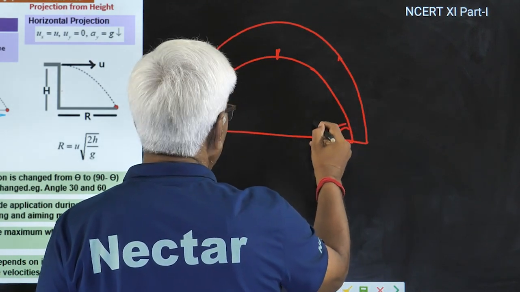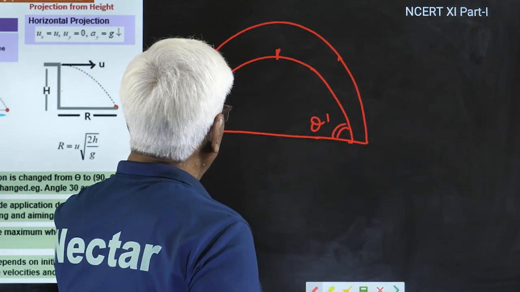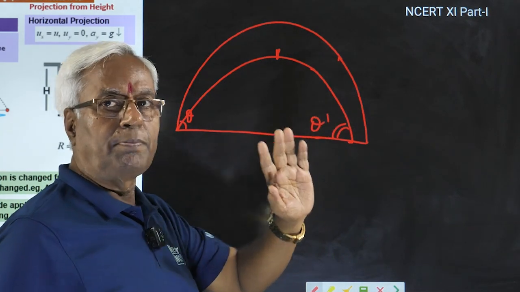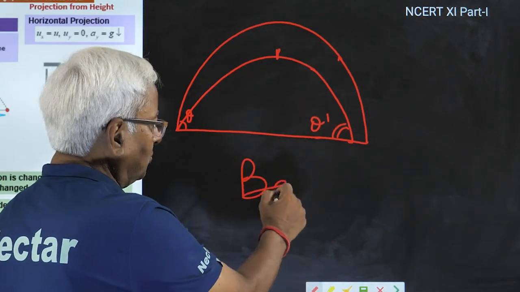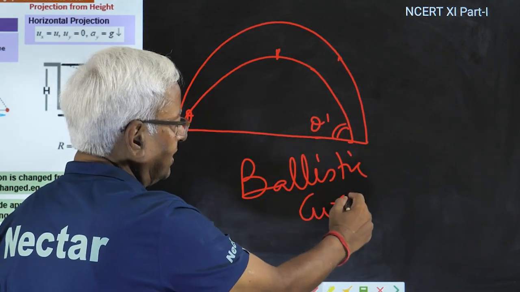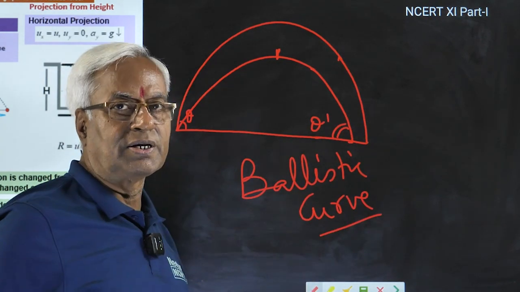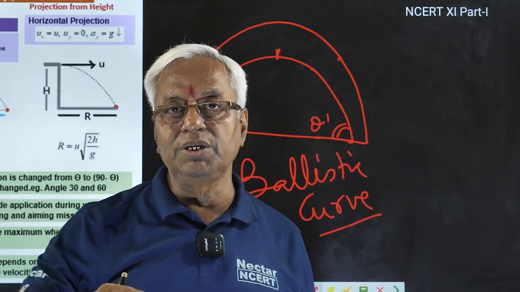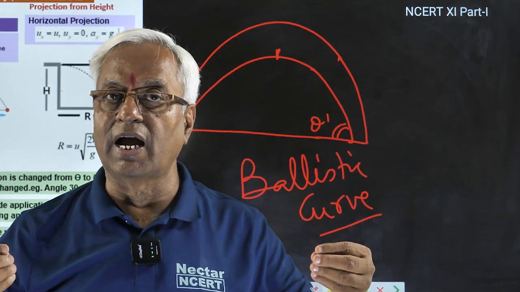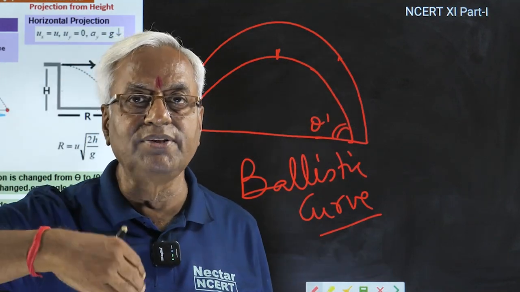This angle has increased compared to this one. The path is no more a parabola. This is known as a ballistic curve. Instead of a parabola, we then find a ballistic curve, and based on these curves, we use the term ballistic missile for a high range missile.